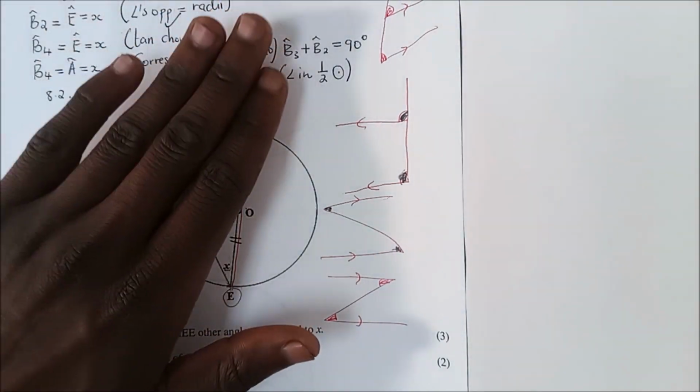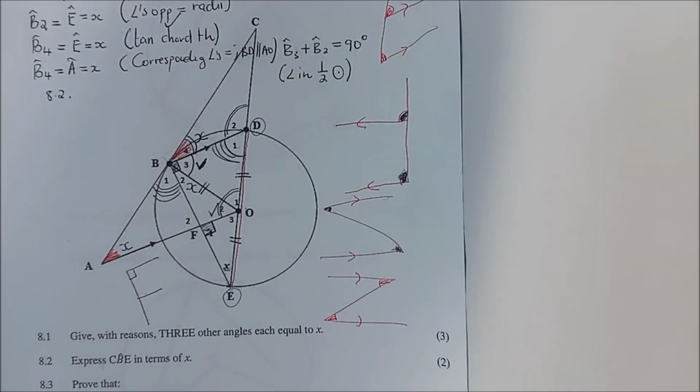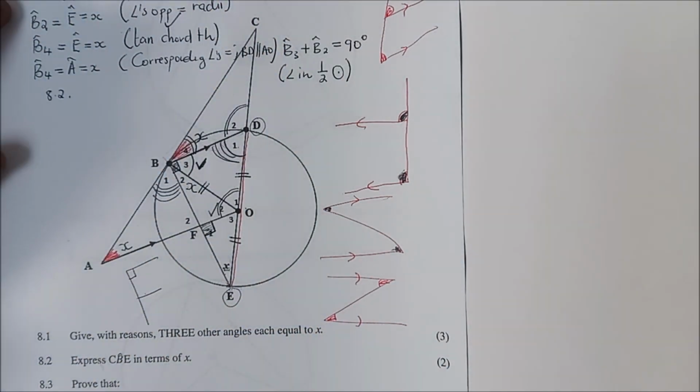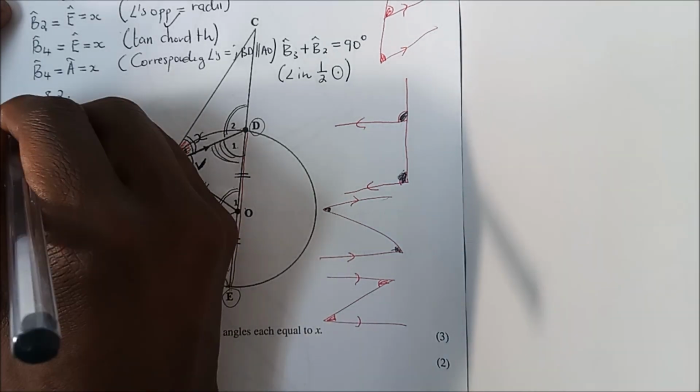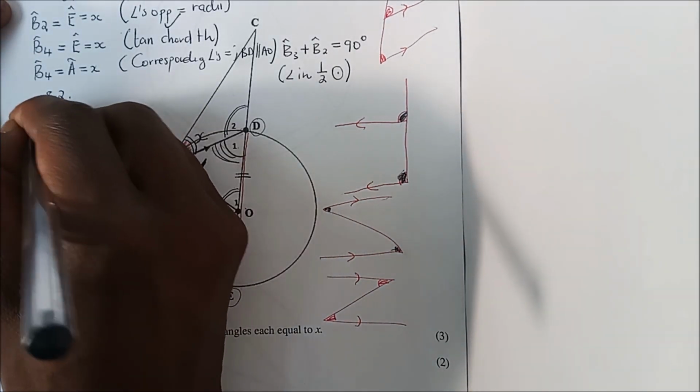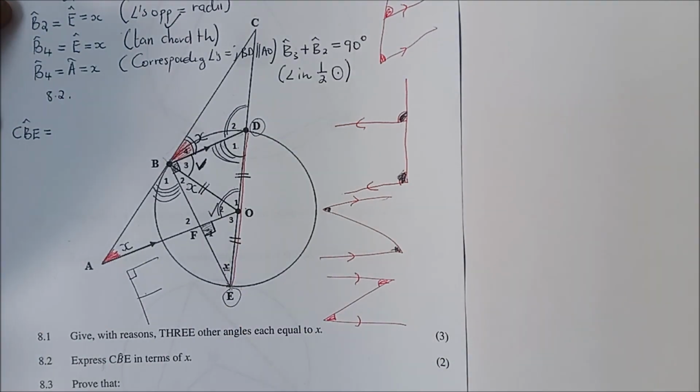So now let's see 8.2, guys. With the information that we have here, I don't think there's any question that will be difficult for us. The second question says express CBE in terms of x. So this is CBE. Let's look at CBE.